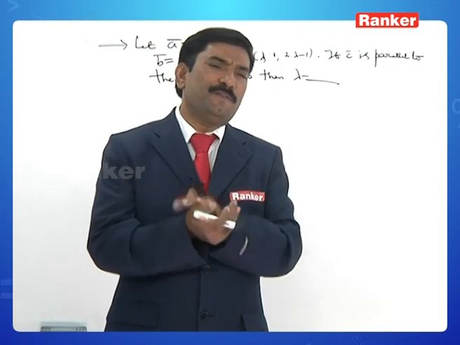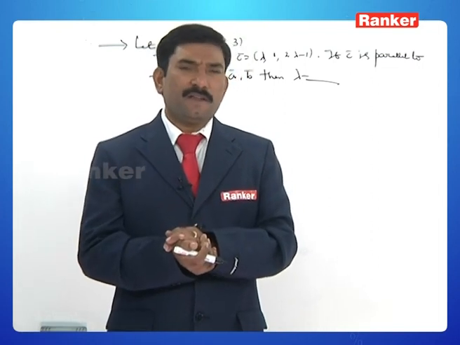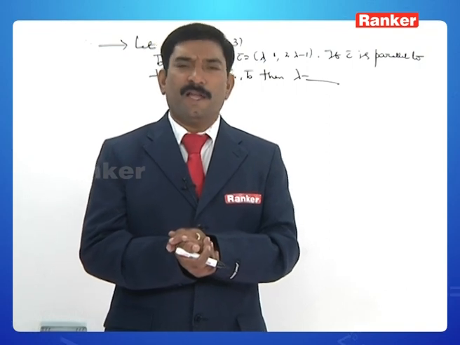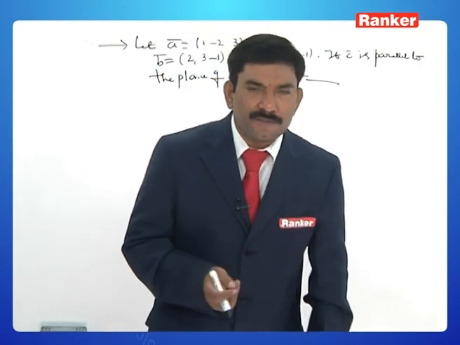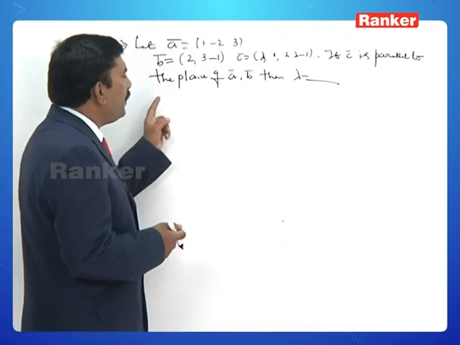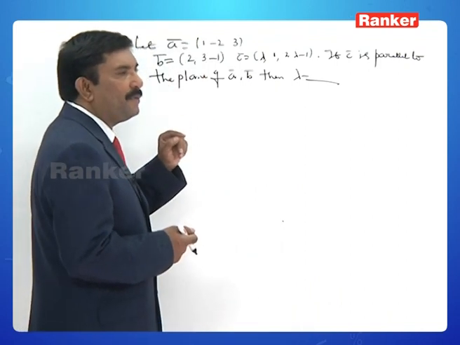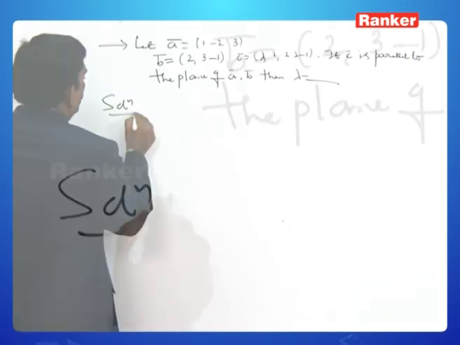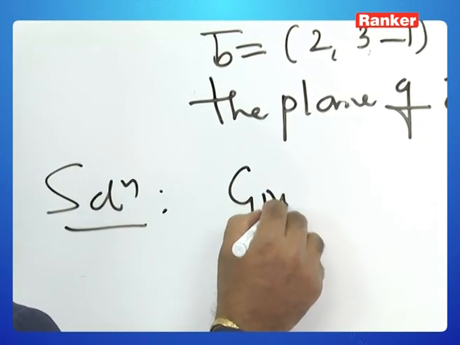What's the definition of coplanarity? When the vectors are lying in the same plane or parallel planes, we define them as coplanar vectors. So C bar is parallel to the plane of A bar, B bar means they are coplanar.